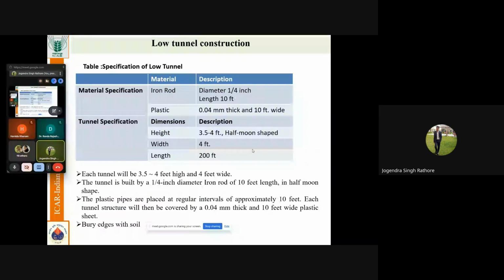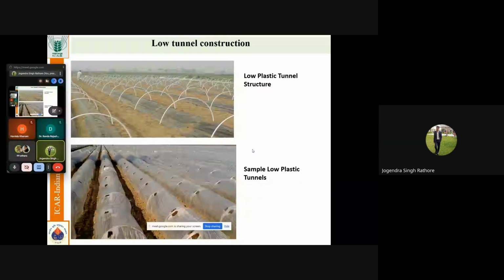The edges of the plastic sheets are covered with soil to prevent heat loss and to protect the structure from wind. So this is a pictorial representation of how we go for low tunnel construction.